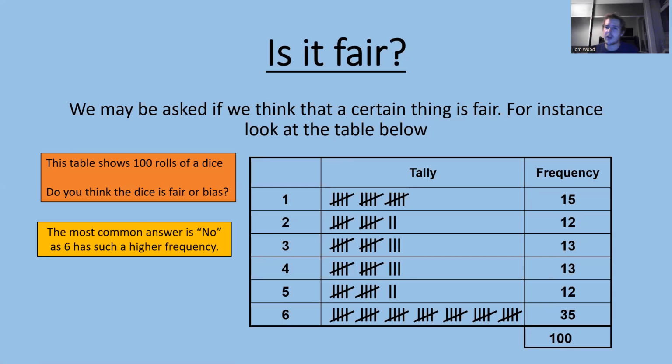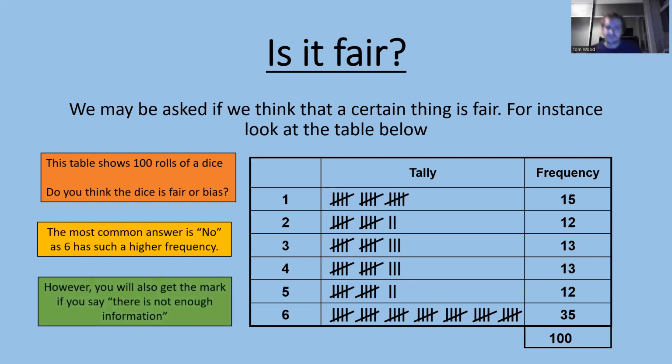What you'll tend to find is with more data, your values will get closer to that general idea. 35, on the other hand, is over double the likeliness. It does seem like a lot. So if you've put this answer, I believe it's biased because the frequency of 6 is a lot higher than the others, that makes sense. You'll get 2 marks.